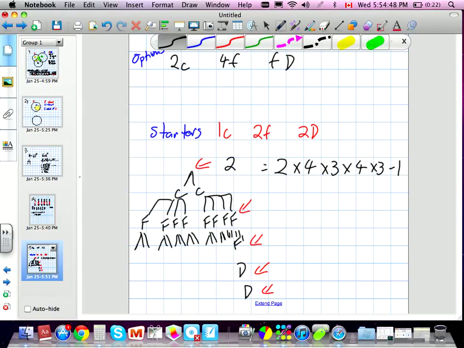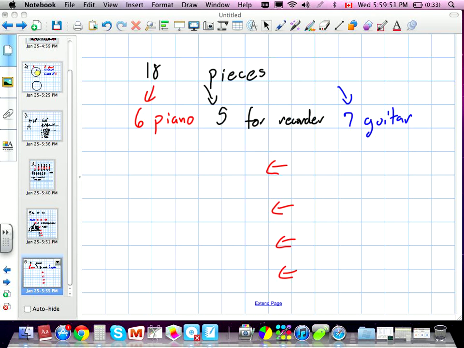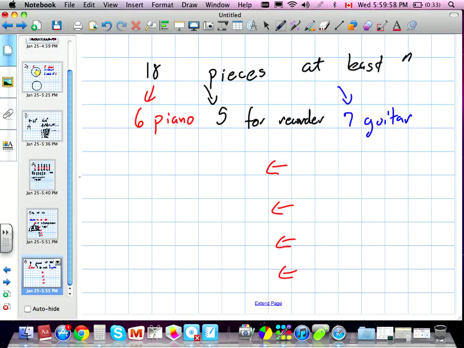They say they want at least 1. Okay, that's an important term. At least 1 piano. Now, if they don't say anything about repeating, and we can use that same piano over and over again, your options in terms of your permutations, we have 6 piano, and we need at least 1.